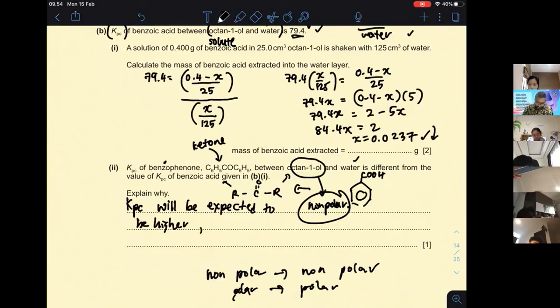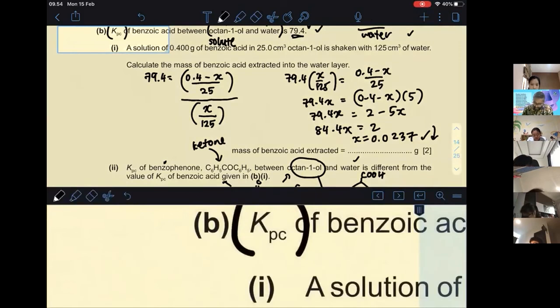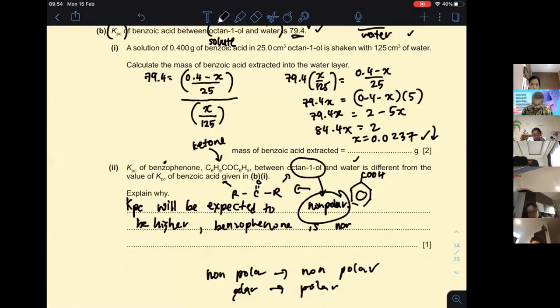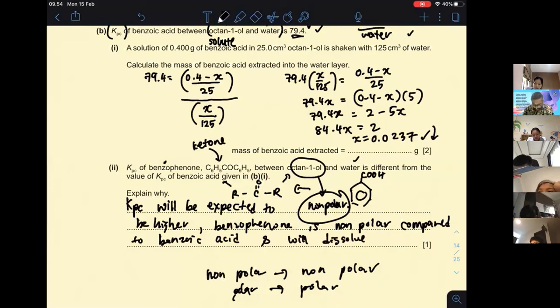Why? Because the benzophenone is non-polar compared to benzoic acid and will dissolve better in octan-1-ol.